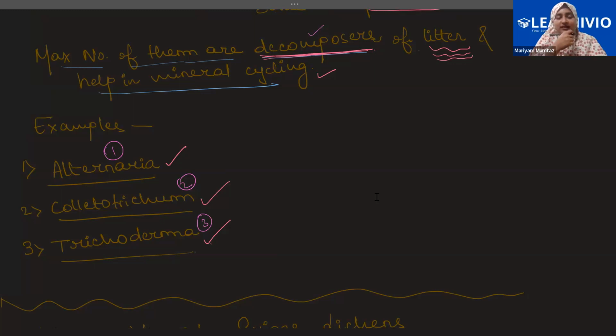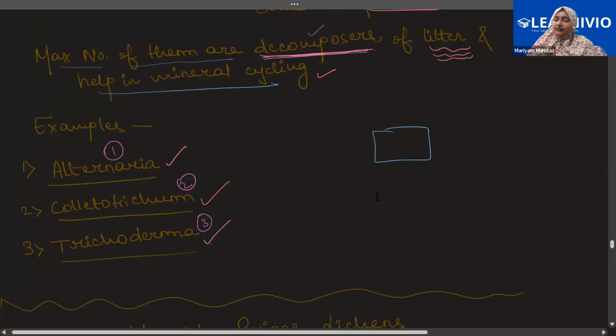Ma'am, when spores germinate to hyphae, there is a condition called dikaryon, right? Is it a permanent one or a temporary one? It is a temporary condition. It only happens in ascomycetes and basidiomycetes, wherein temporarily one cell will have two nuclei.